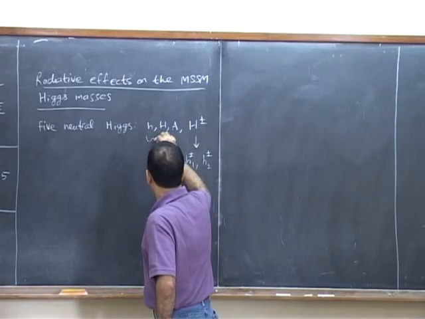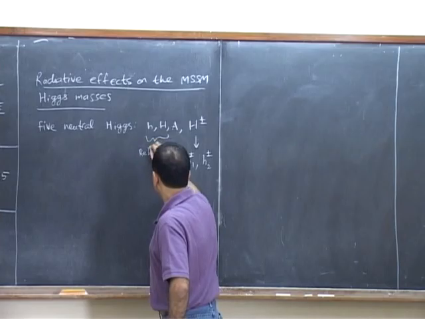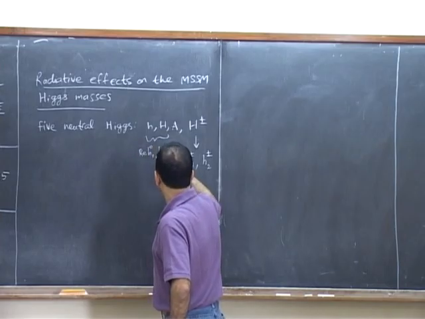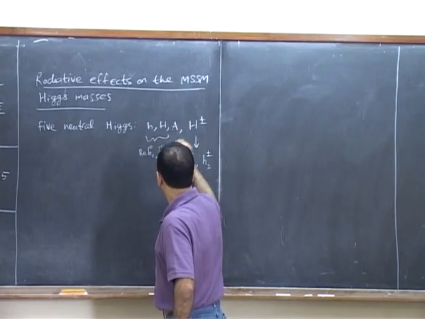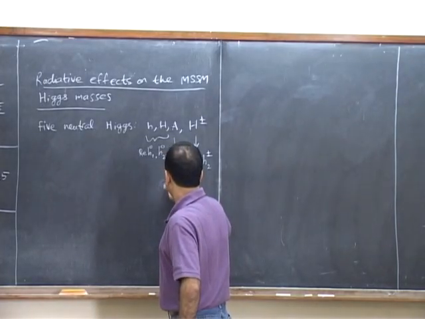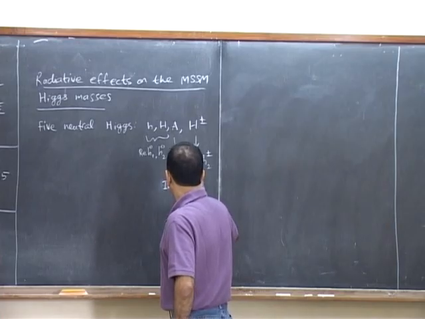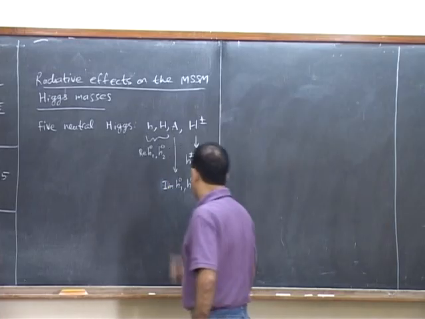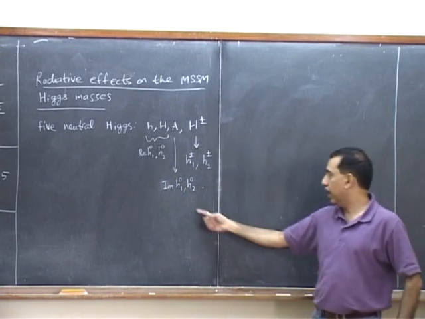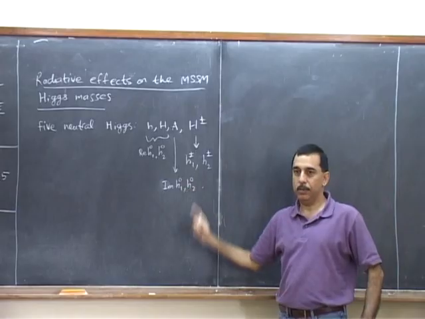These 2 come from the real parts of H1 neutral and H2 neutral, and this one comes from the imaginary part of H1 0 and H2 0. Again, this is 2 modes, this is just 1, so the other one is a Goldstone.